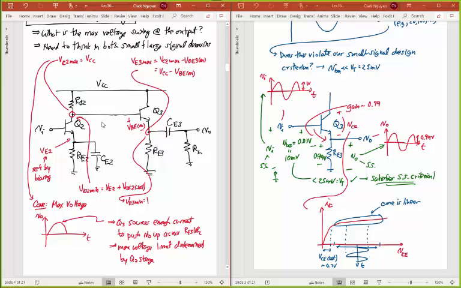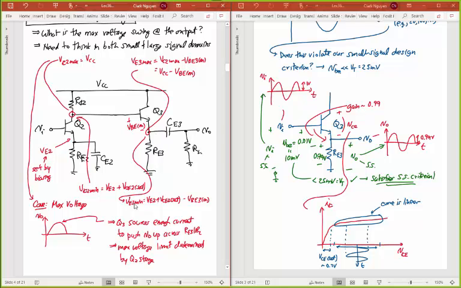And so we know that that's equal to VE2 plus a VCE2 saturated there, and then minus VBE on. And to be specific, I'll say minus the VBE3 on. So it's just everything going minus that VBE.